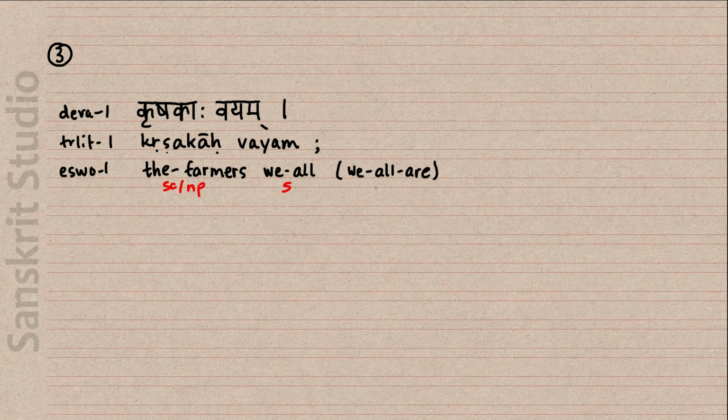Like that. So the verb, well, we don't write it out there, we can just have it like that. And because the subject here is not standing first in the sentence, we know that this nominal sentence, Krishakah vayam, is of syntax B. So that concludes our first part here with the analysis.